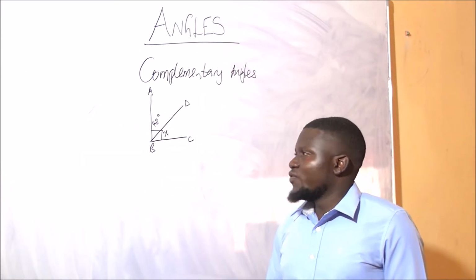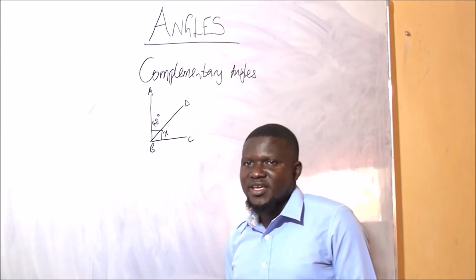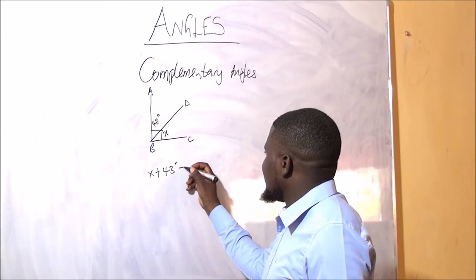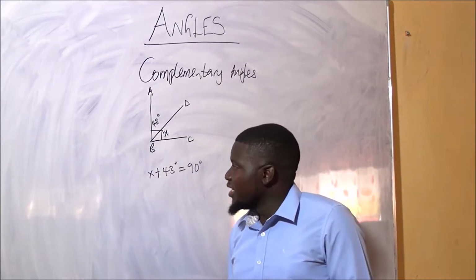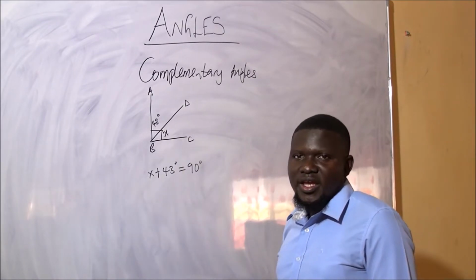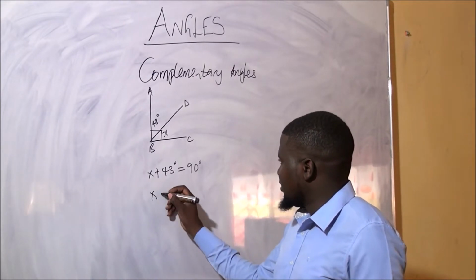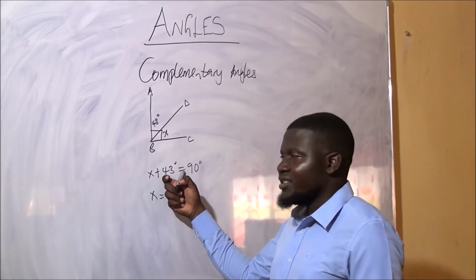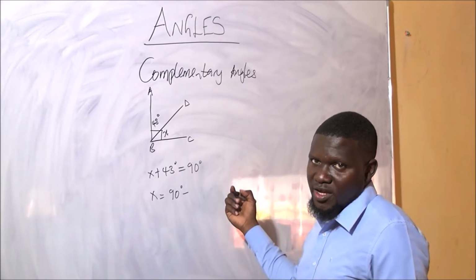Now, how do we find the value of X? Since we're dealing with complementary angles, we can say that X plus 43 degrees is equal to 90 degrees. For us to find the value of X, which represents an angle, we'll say X is equal to 90 degrees minus 43 degrees, the additive inverse of 43 crossing over the equal sign.